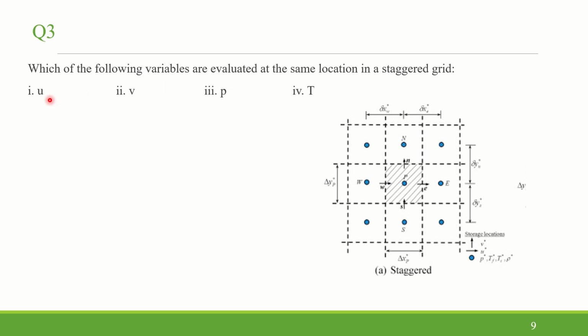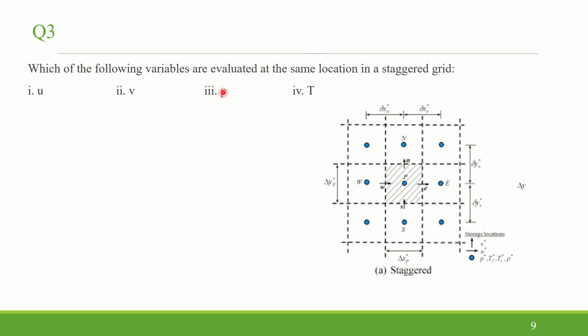First one is u velocity, that is x velocity, second one is v, that is y velocity, third one is pressure, and fourth one is temperature. So this is how calculation happens in the staggered grid. Here it is asked which of the following variables will be evaluated at the same location.